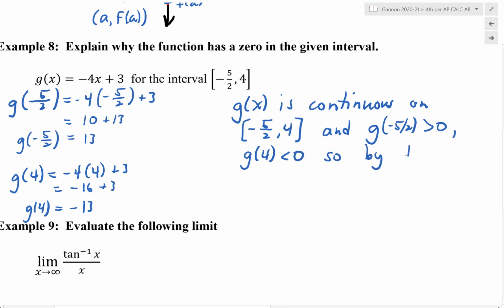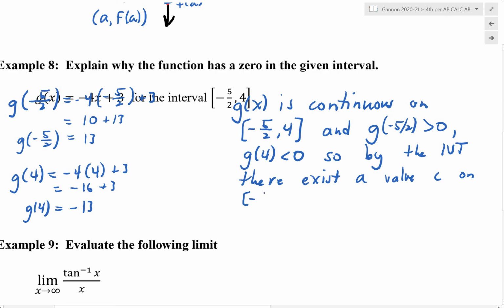So by the IVT, there exists a value c on the interval negative 5/2 to 4 such that g of c equals 0.